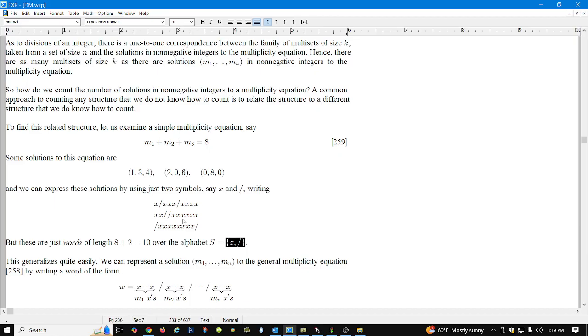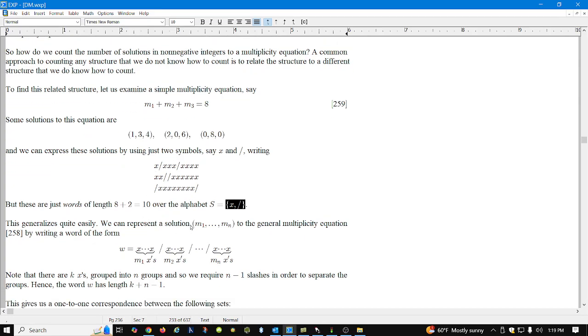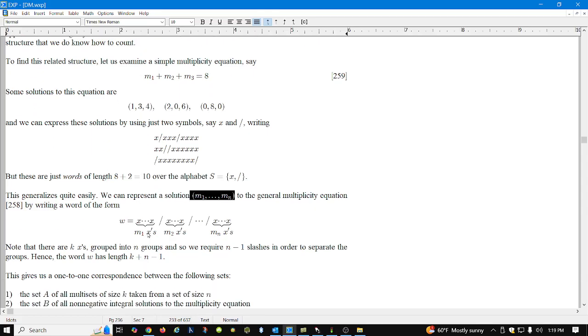This is a one-to-one correspondence. We can generalize that very simply. A solution to the general multiplicity equation can be represented by a word over the same alphabet where we start with m1 x's, then a slash, then m2 x's, and so on.